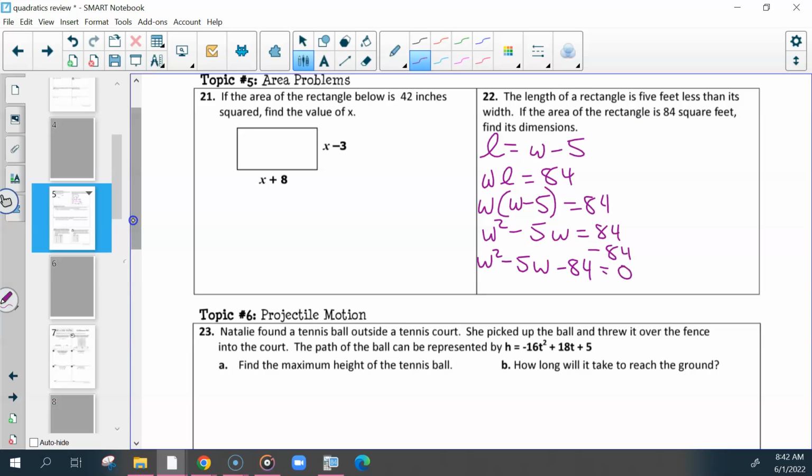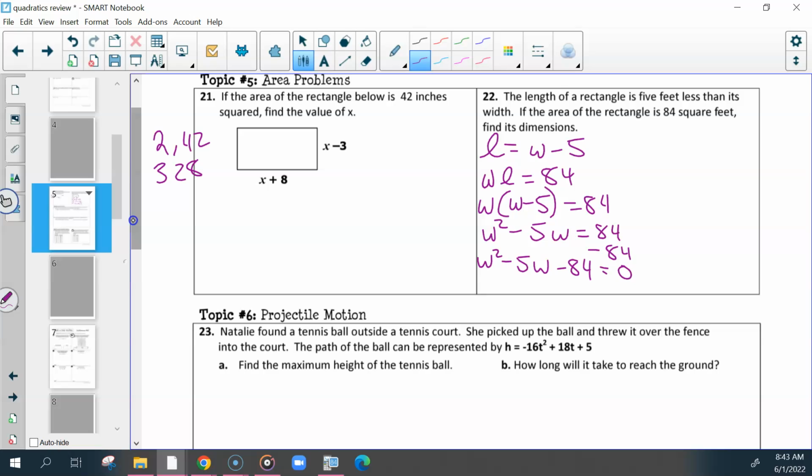I do not know the factors of 84 off the top of my head. 42 and 2. But that's not it. That's not it.